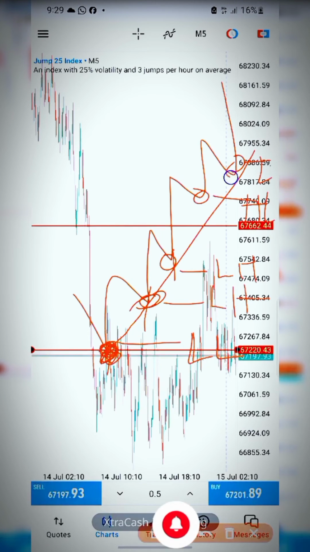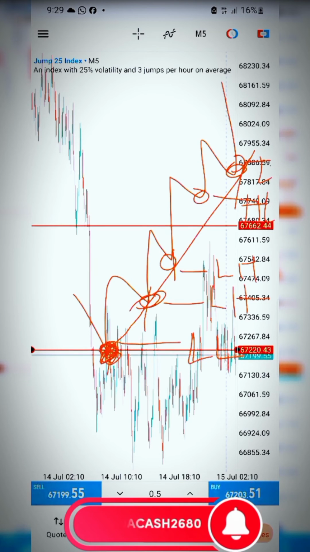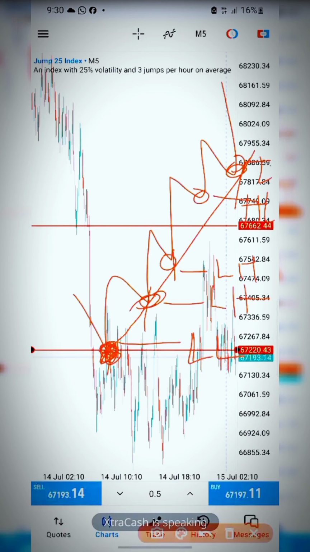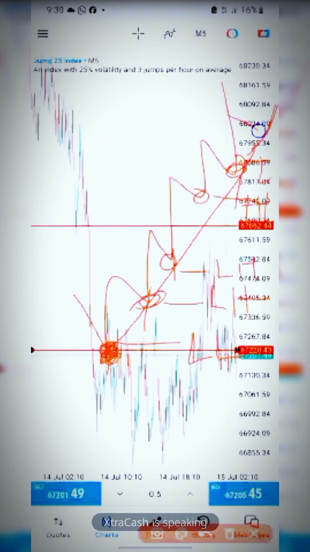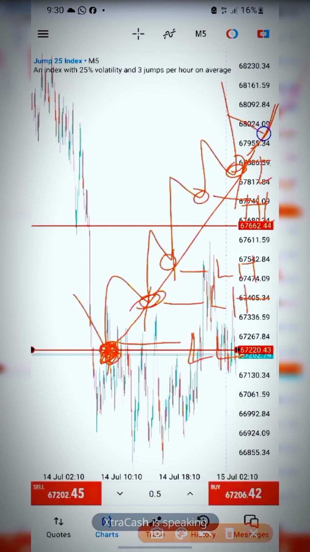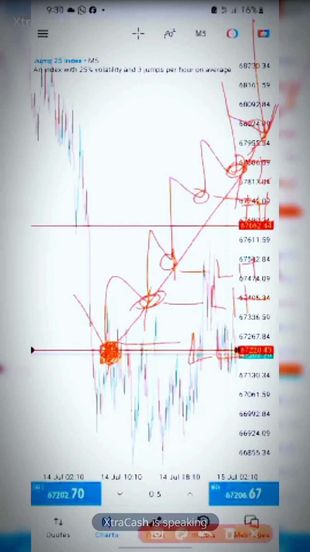If it touches this one, fine. Just make sure you are putting a guide, so that if the market drops here, it's likely going to bounce here and go up. That's the work of a trend line when you draw it. It gives you a guide on where price will likely touch before going up.